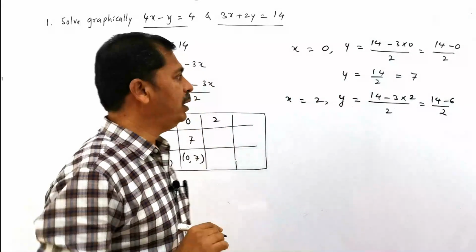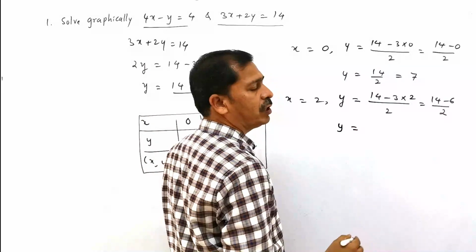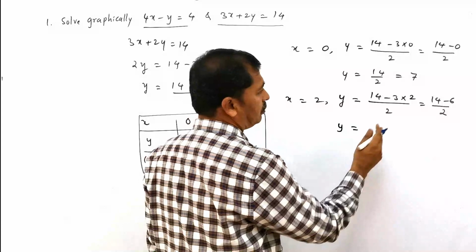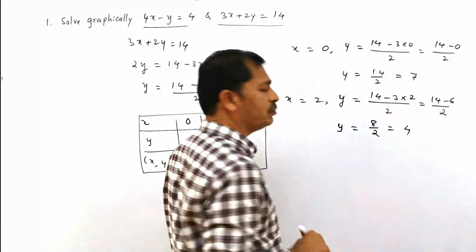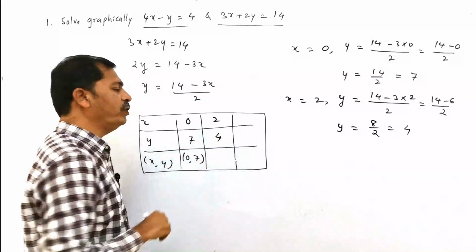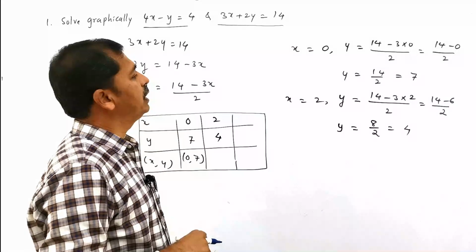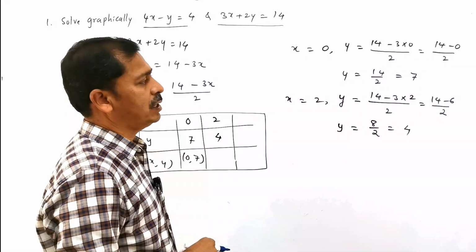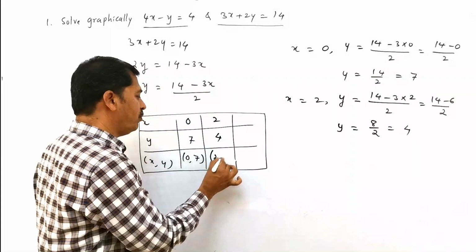What is the value of y? 14 minus 6 is 8. 8 by 2 is equal to 4. 2 ones are 2, 2 twos are 4. So when x is equal to 2, y equal to 4 you are getting. 14 minus 6, it is 8. 8 by 2 is 4. Okay, correct. So the coordinate will be 2, 4.